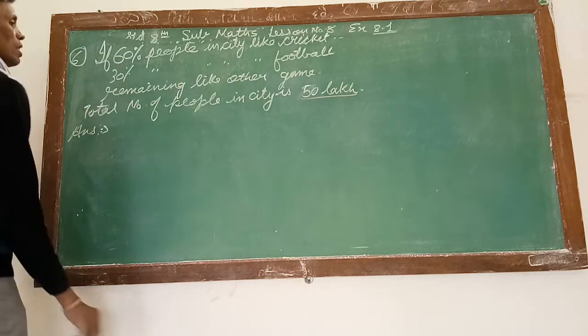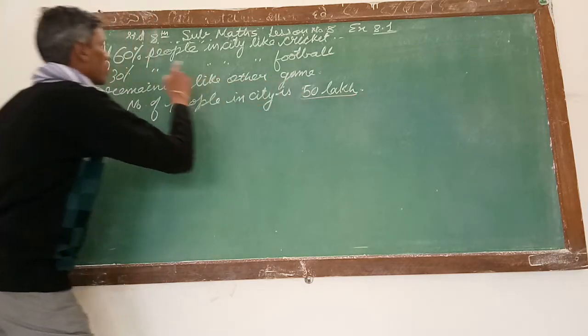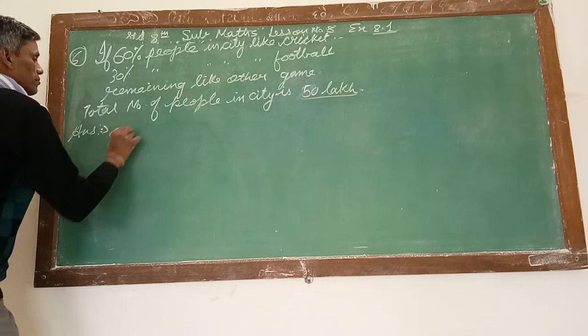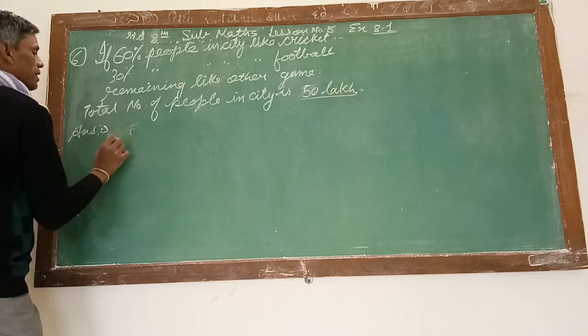So first of all, total people are 50 lakh and out of those, 60% like cricket.